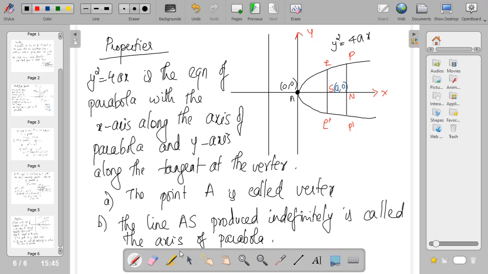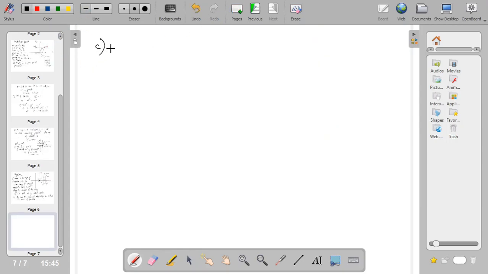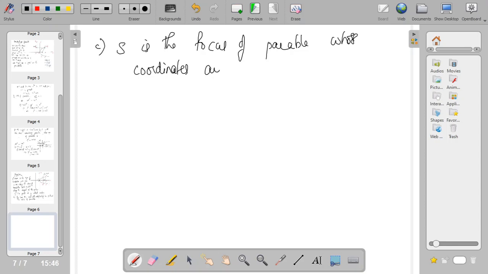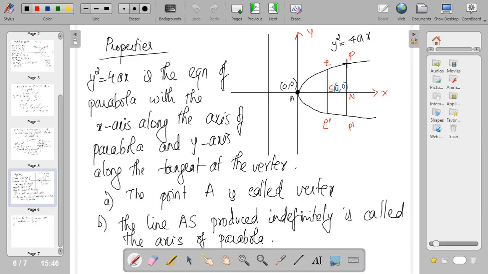So that is the next term. So S is the focus of the parabola, whose coordinates are A, 0.